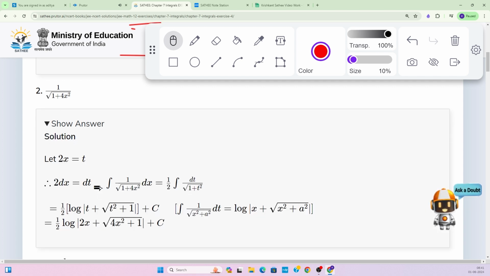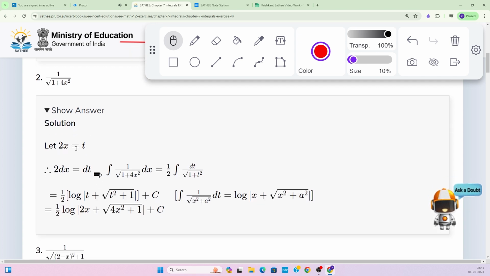So this form can be reduced like that. So taking 2x is equals to t, you will have 2 times dx is equals to dt. This integration is now reduced to this form.